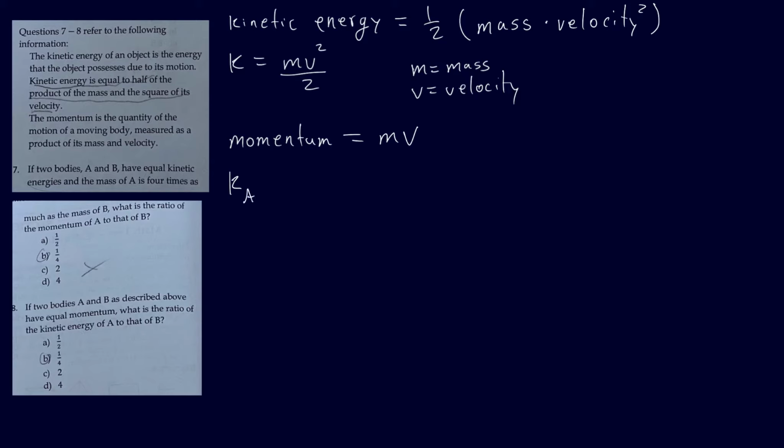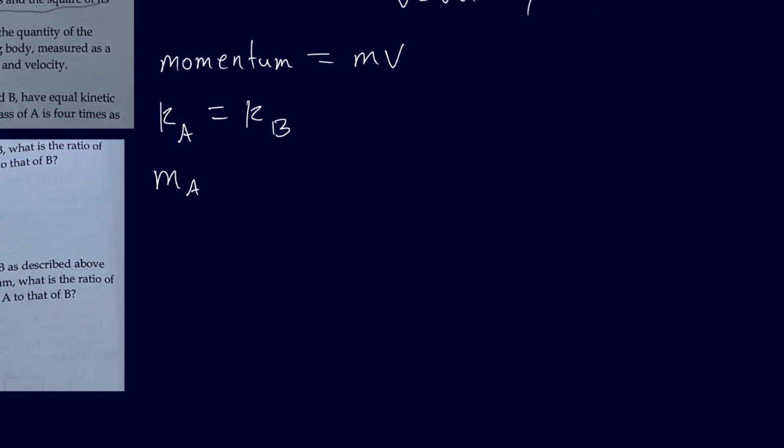K subscript A equals K subscript B. And it also says that the mass of A, so mass subscript A, is equal to 4 times the mass of object B.